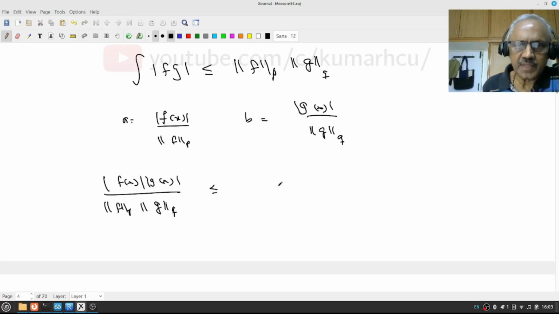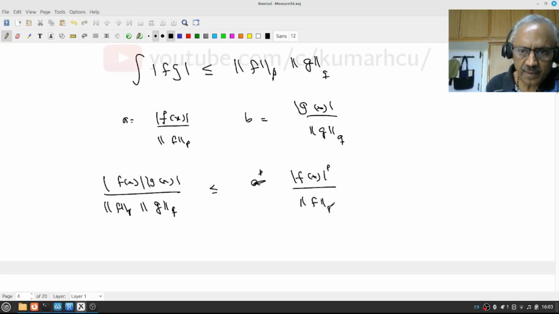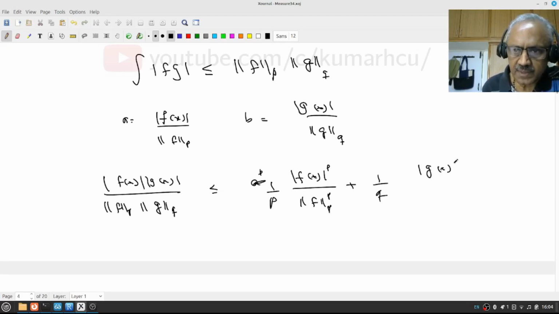AB will be less than or equal to, what is that, A to the power P, that is mod f(x) to the power p by the LP norm to the power p, times 1 by p, plus 1 by q times mod g(x) to the power q by the LQ norm of g to the power q.